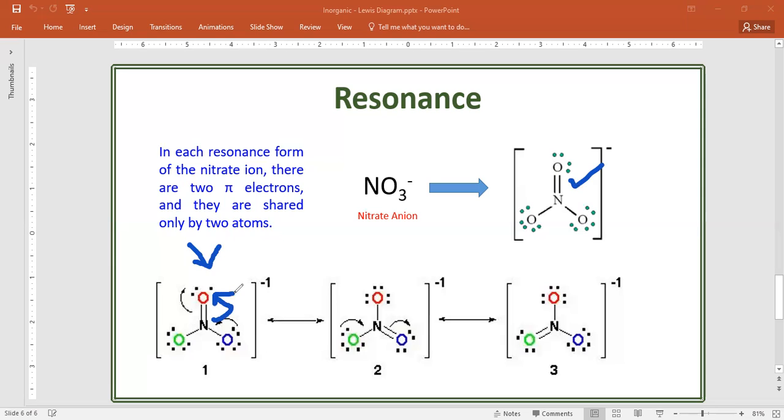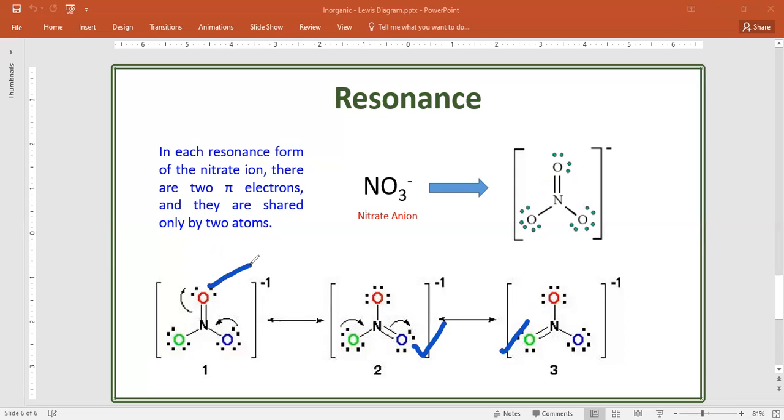I could have done it with the bottom left, between nitrogen and the bottom left oxygen, or another possibility, I could have done it with the bottom right oxygen. So this bond is not fixed on the top oxygen. It could be on this side, or this side, or this side.